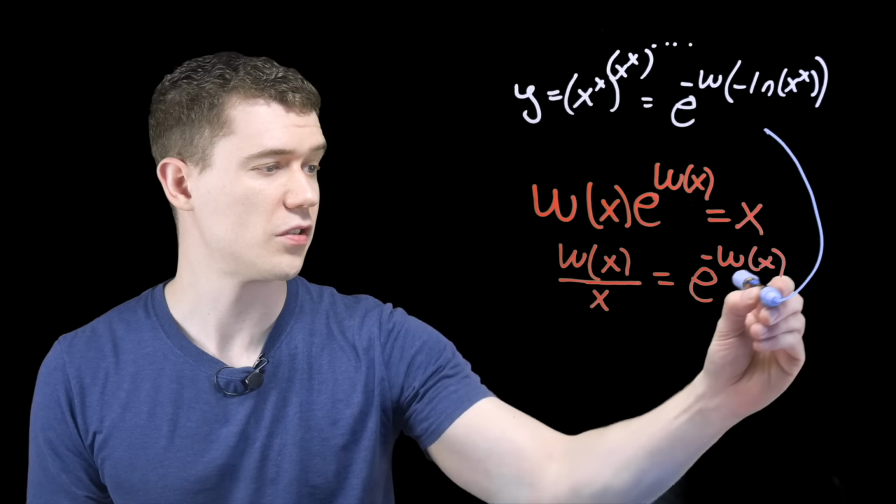Just match these things up, and we now have y as, well, it's W of x over x, but it's not x in this case, it's minus ln of x to the x. So this will be W of minus ln of x to the x all over x, which in this case is minus ln of x to the x.